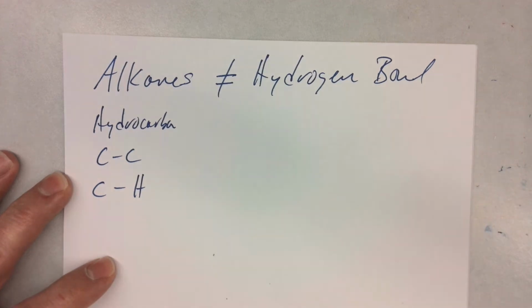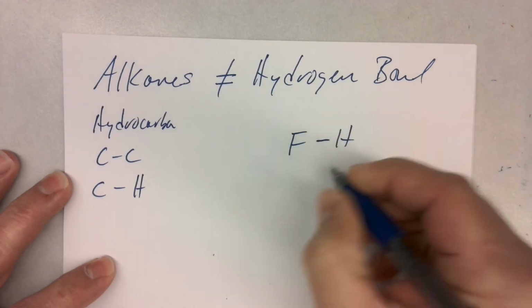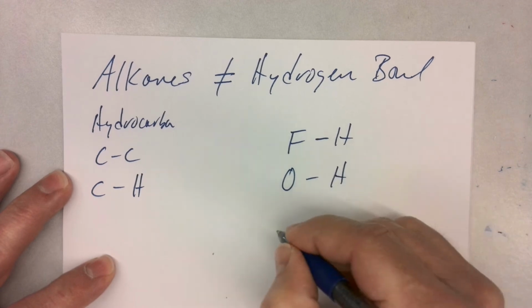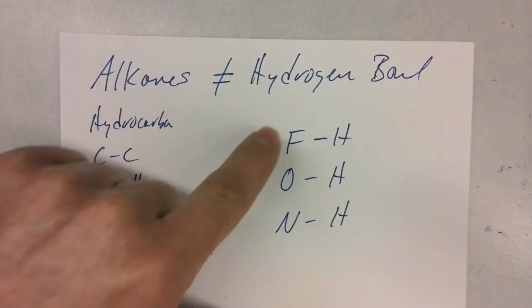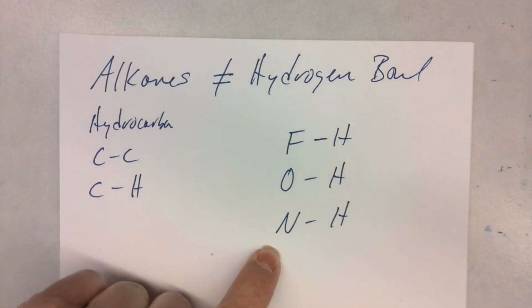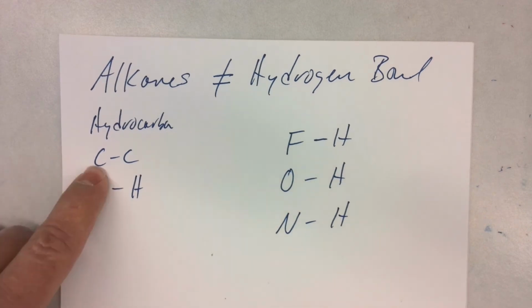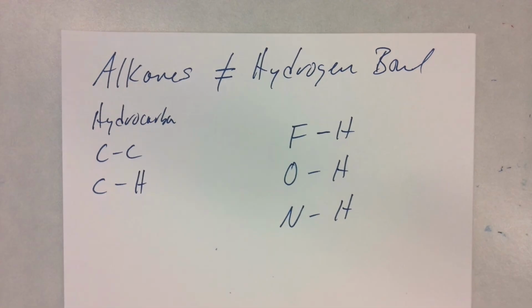No one remembers my E.T. joke? Oh, it had to be like fluorine, oxygen. It's got to be FH, it's got to be OH, or it's got to be NH, right? Well, do hydrocarbons have any of those in them? They don't, right? Well, if they don't, then it can't hydrogen bond.